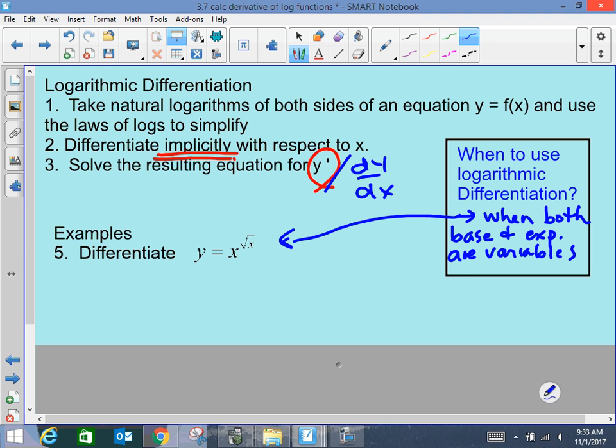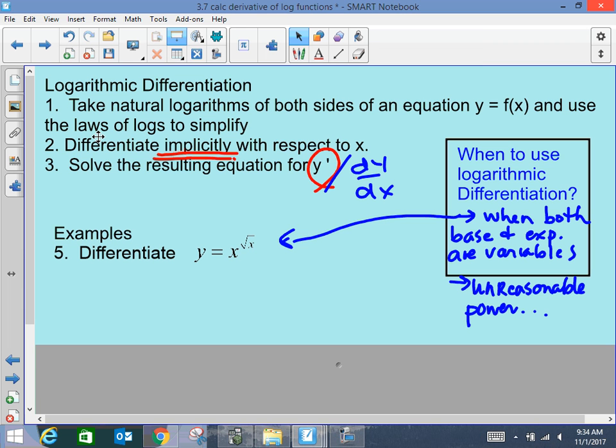Okay. And the other instance is when we have an unreasonable amount of powers. Unreasonable power.